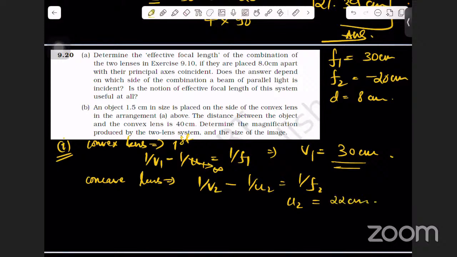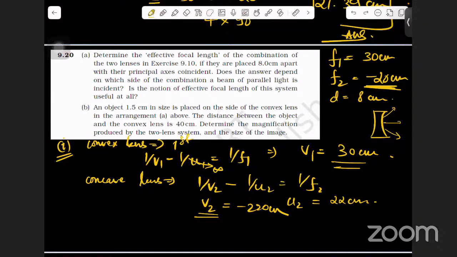F2 you know is minus 20. From that, we can find V2 as minus 220 centimeters. That means it's diverging, it's a concave lens power. So ultimately, we get a diverging combination of minus 220.